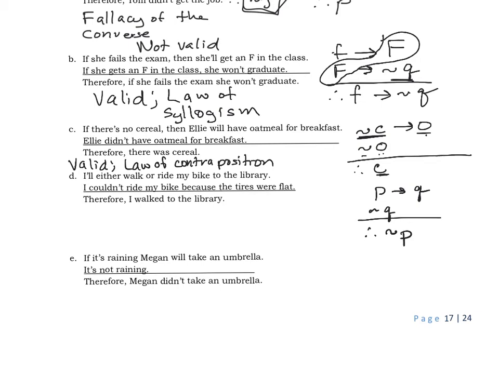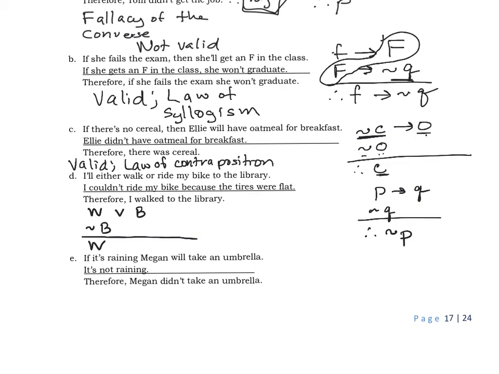All right, let's look at D. I'll either walk or ride my bike to the library. So walk or bike. I couldn't ride my bike, so the negation of B, don't care why. Therefore, I walked to the library. They're saying if you didn't do one, you perhaps did the other.